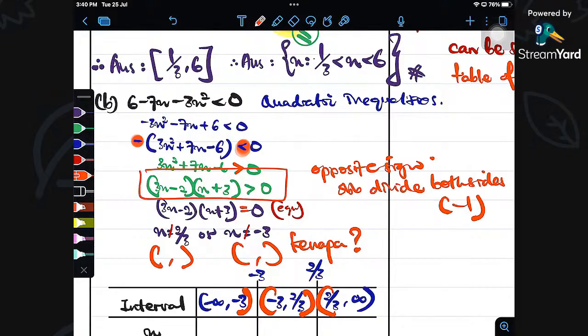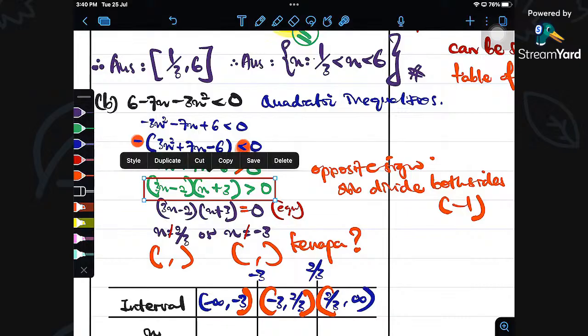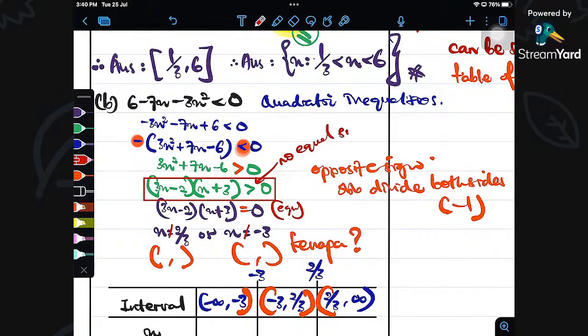Thank you for those who know it. Well done. Maksudnya you betul fahamlah apa saya ajar hari ini. So you know that this sign has no equal. Di sini no equal. So kalau no equal sign, meaning it is not included.